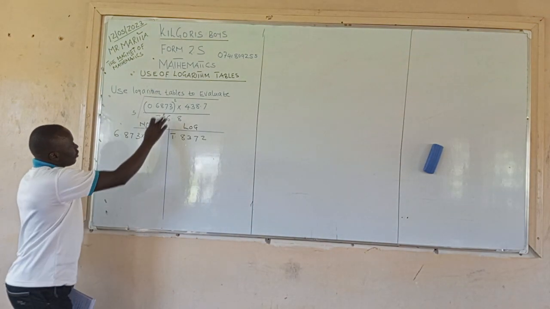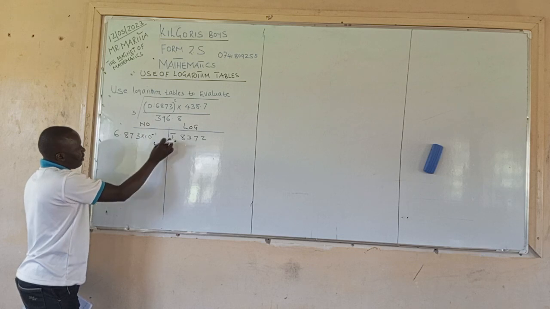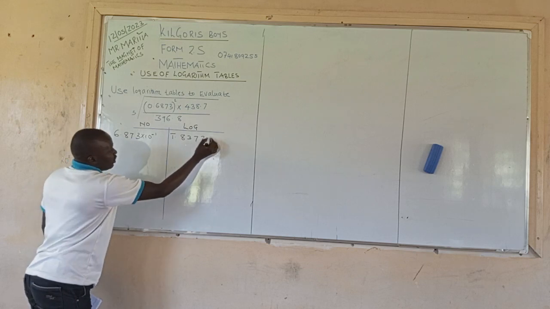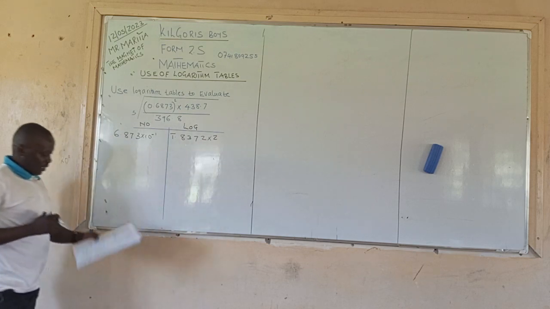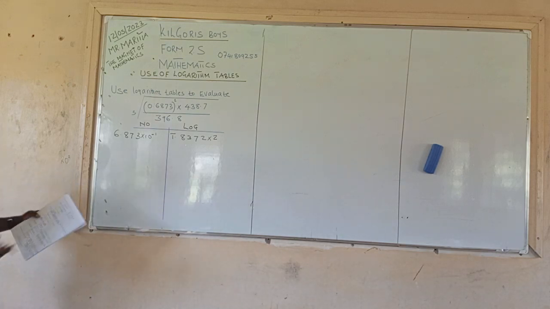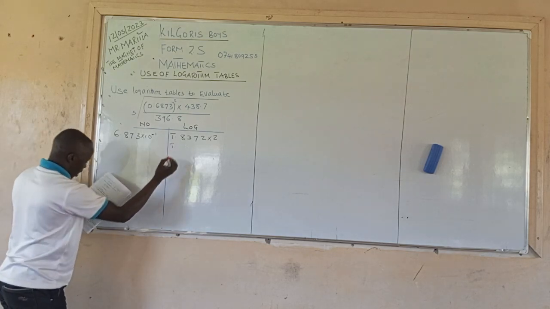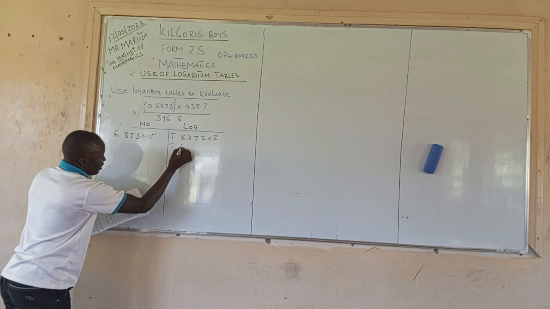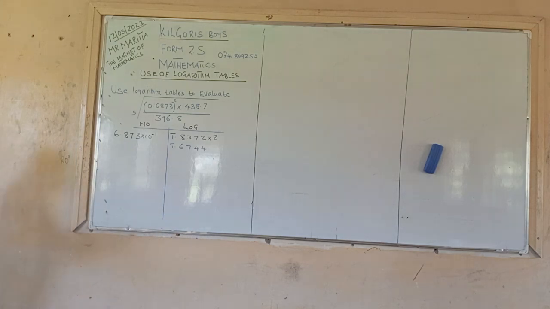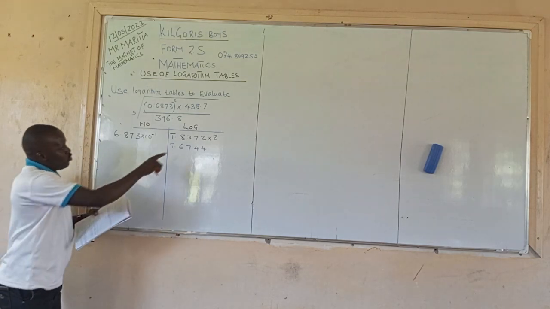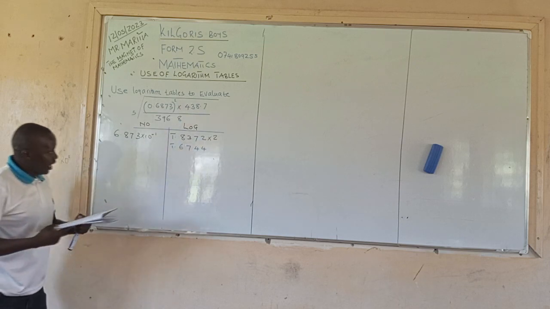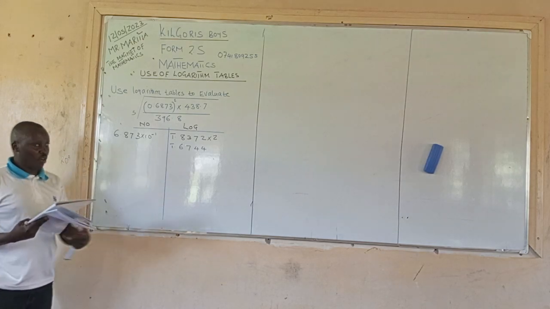So here we have the logarithm of this number as bar 1.8372 and it is raised to power 2, so we multiply by 2. If you multiply, you get the final answer as bar 1.6744. So what we have done is multiply the logarithm of the number by the power, and therefore we get that as the final answer.